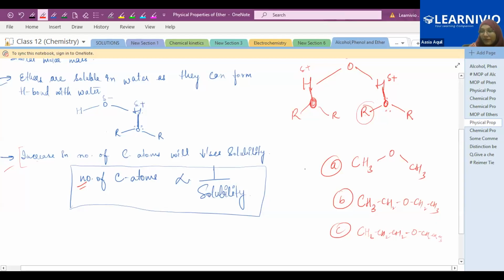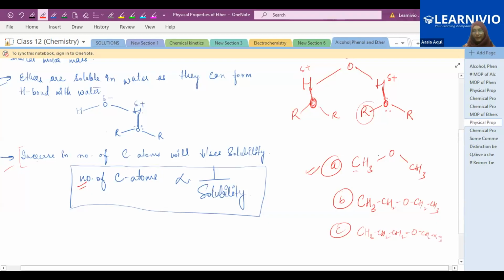A will have the higher solubility, because the number of carbon is less. If the number of carbon is less, it will be more soluble because they have inverse relationship with each other. More the number of carbon atoms, less will be solubility.